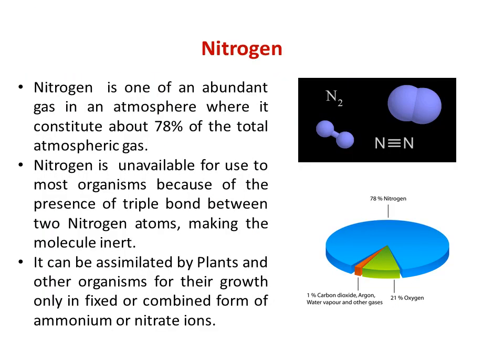So before going into detail about biological nitrogen fixation, let us study what this nitrogen is. As we all know, this is one of the gases present in the atmosphere, which constitutes about 78% of the total atmospheric gas. As we can see in this pie chart, compared to the other gases present in our atmosphere, 78% is constituted by nitrogen.